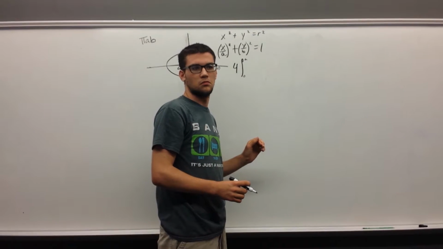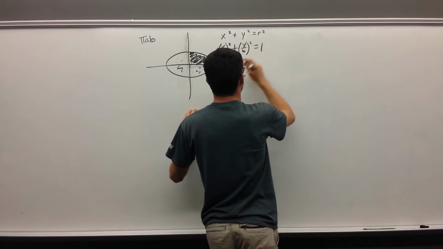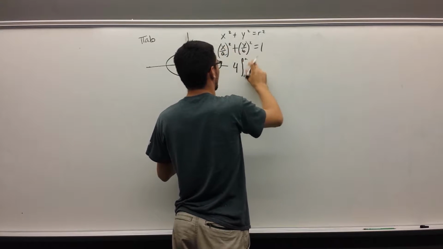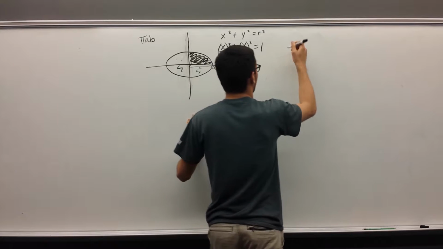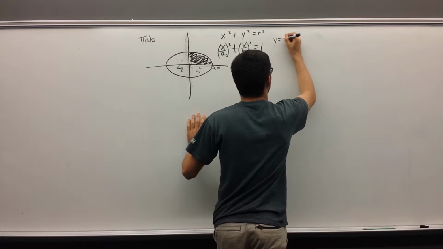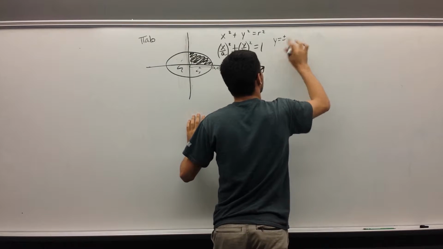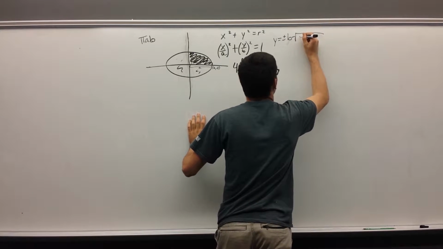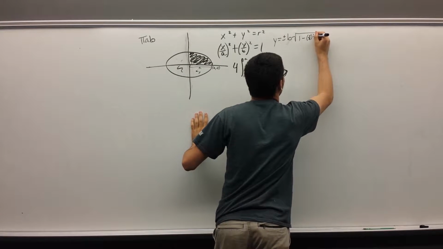Continue. Okay. If you solve this for y, you just subtract (x over a) squared from both sides, take the square root and multiply by b, and what you'll get is that y equals plus or minus b times the square root of 1 minus (x over a) squared.